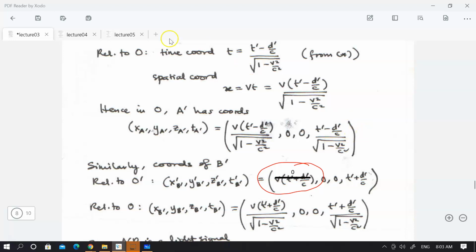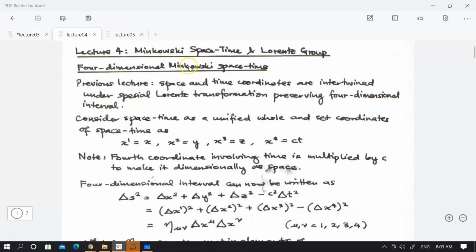So let's continue with the things where we left off, which is essentially looking at space and time as one whole set. Unlike in the case of Newtonian mechanics, we had time as something external to the space and essentially can be treated as a parameter.